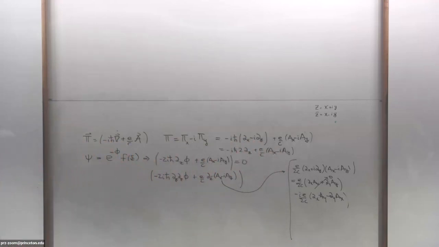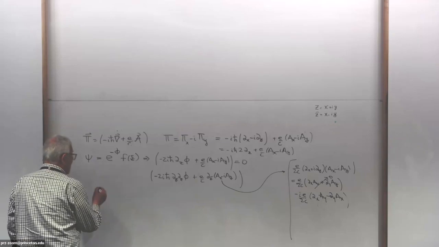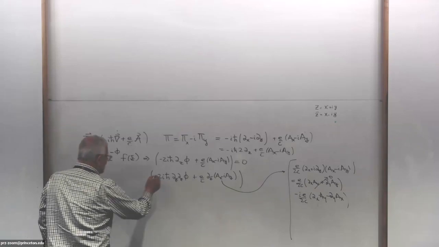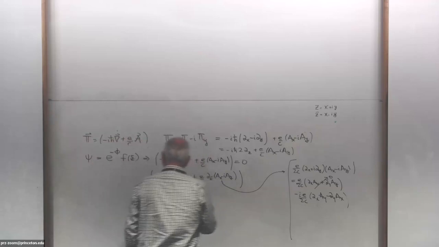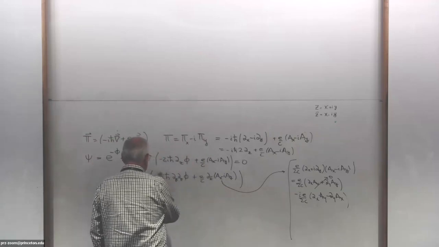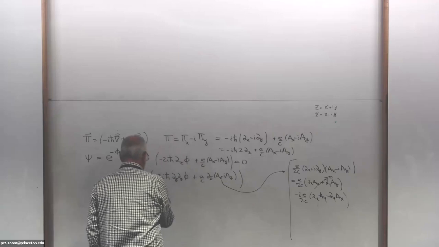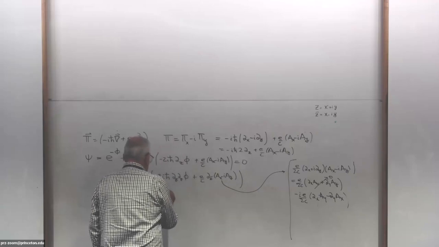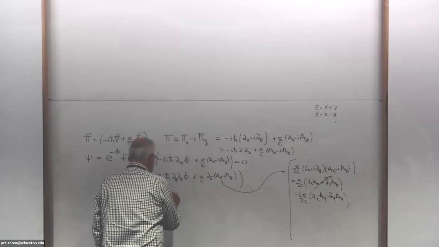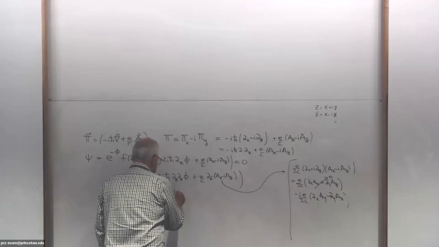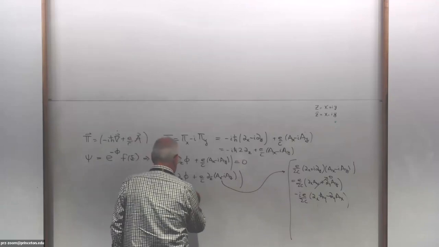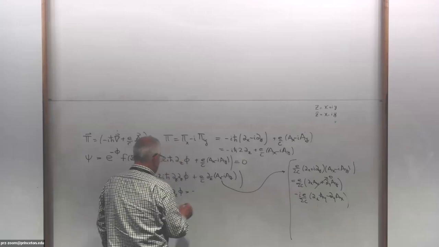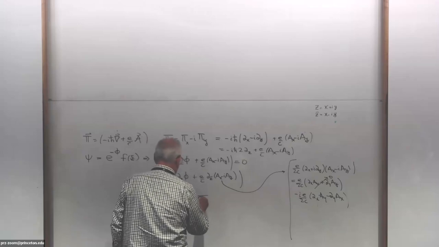So the function phi is a function where the factors of i cancel, and what you get is dz bar dz phi has to equal minus 1/4.